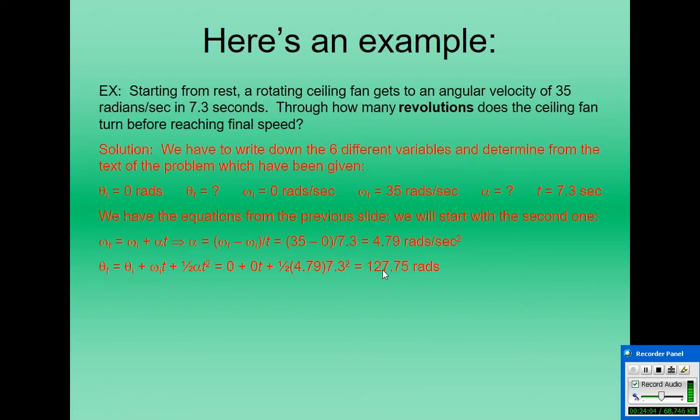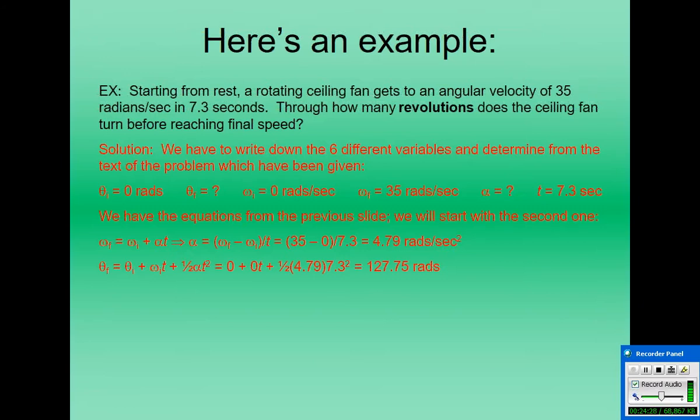Now that's the angular displacement at the end of 7.3 seconds, but that is not what the question asked. The question asked for the number of revolutions. A revolution is a full rotation, and a full rotation, like in any full circle, corresponds to 2 pi radians.